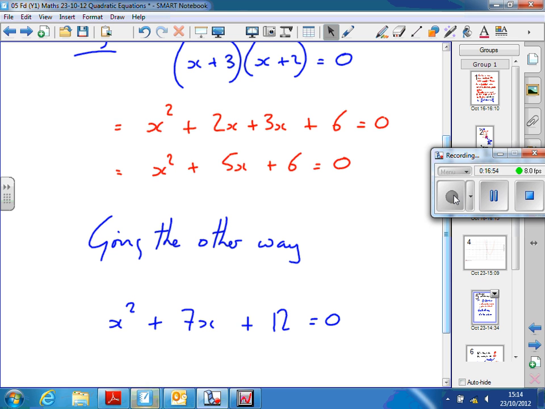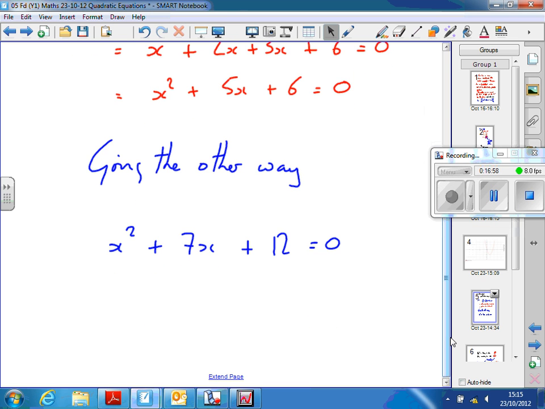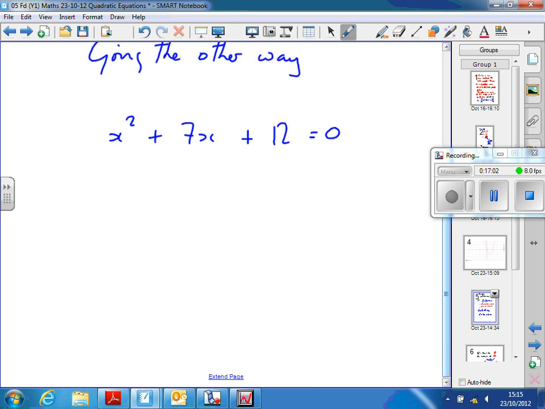Deliberate mistake, not 28, 12. The missing numbers are 4 and 3, because 4 plus 3 gives 7 and 4 times 3 gives 12. So this implies that (x plus 4)(x plus 3) equals 0. Okay? So I can work out what those missing numbers are. I factorise it. This is factorised.